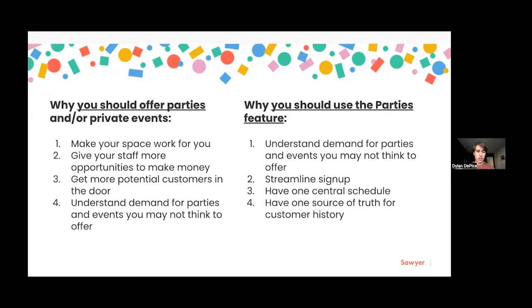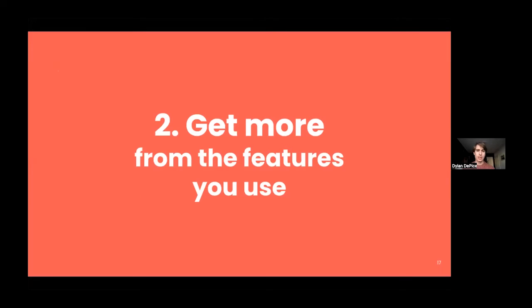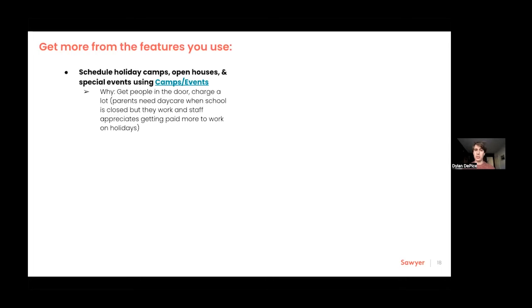All right, I'm going to move on from parties because we've got a lot of other stuff I want to get to. So here's how you get more from some of the features that you already use. You can schedule holiday camps, open houses, and special events using camp/events. Camp/events is very often used for camps, but I just want to highlight that doing specific holiday pop-ups, like we mentioned earlier, can be really helpful.